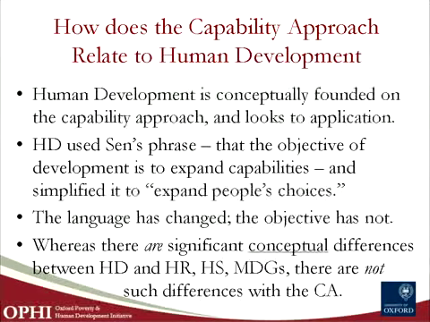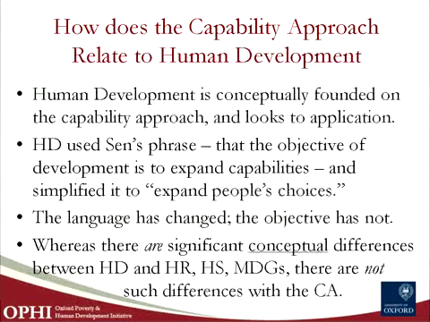In my understanding, human development and the capability approach are based on the same conceptual framework, which is the capability approach. And the human development reports look to how that can be applied prospectively, how it can be advanced through policy and in concrete actions, but the objective is the same.